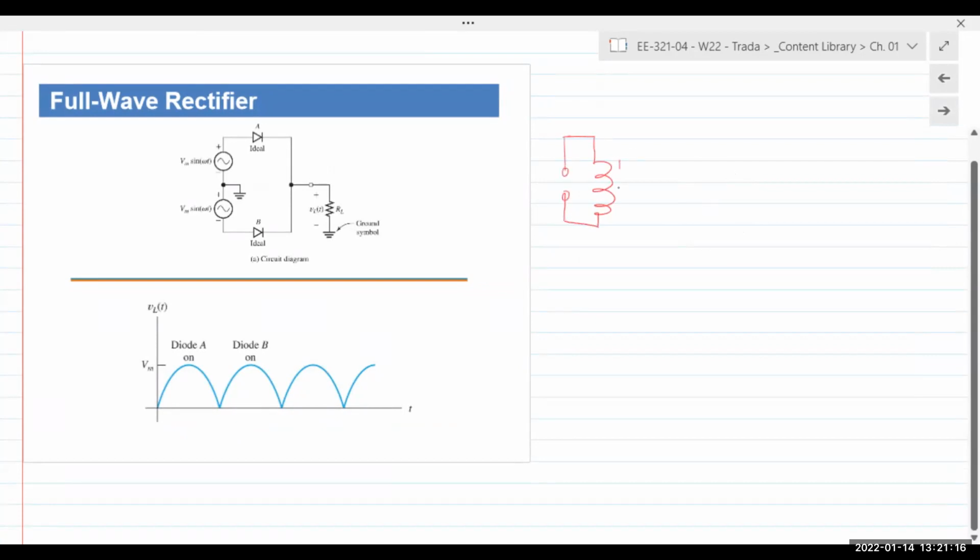So you have your input coming here, and you have a center tap transformer. That's how it would look.